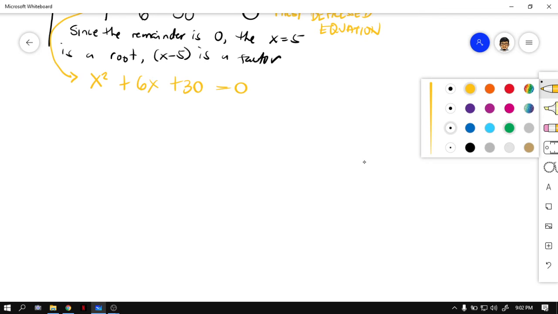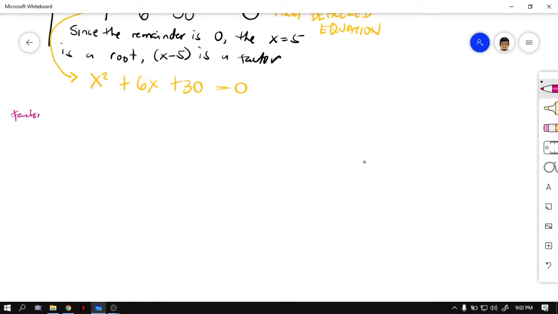Okay? So, factors of 30. We have 30 and 1. Ano pa? We have 15 and 2. We also have 10 and 3. And then 6 and 5. And then yun lang. Tama?